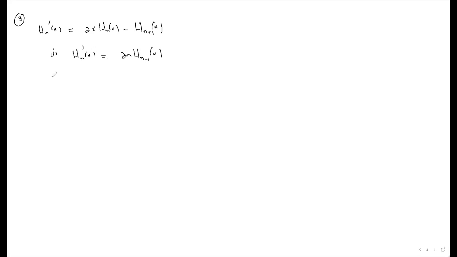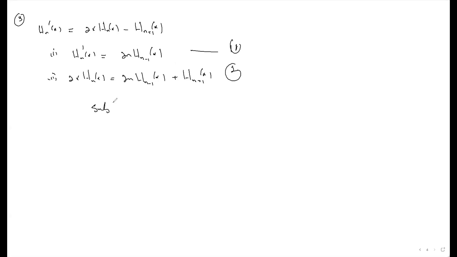And the second one is 2x h n of x is equal to 2n h n minus 1 of x plus h n plus 1 of x. So this is 1 and this is 2.